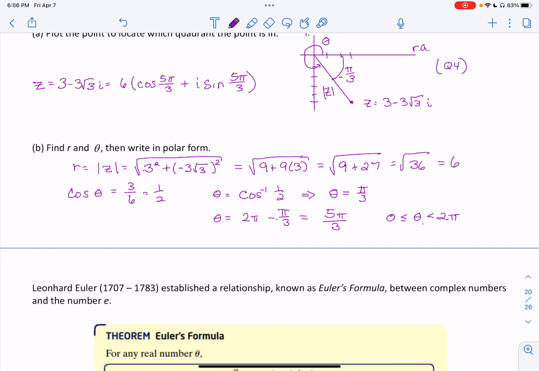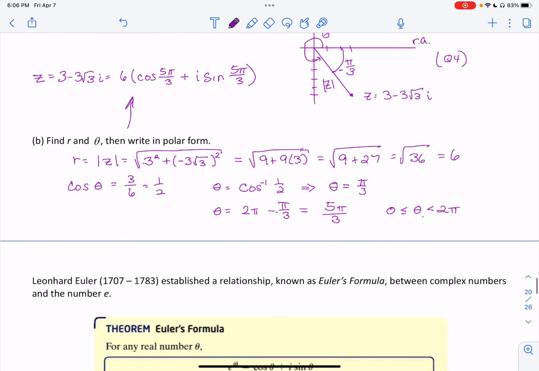Okay, so this is really me writing it in polar form right up here, just so I have room. All right, not too bad so far, right?